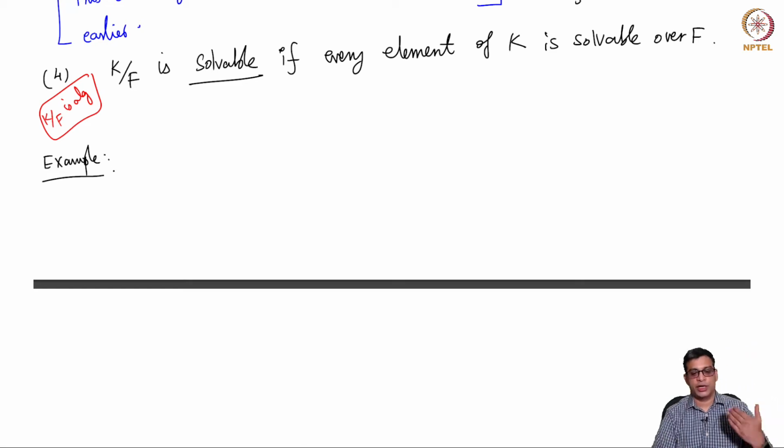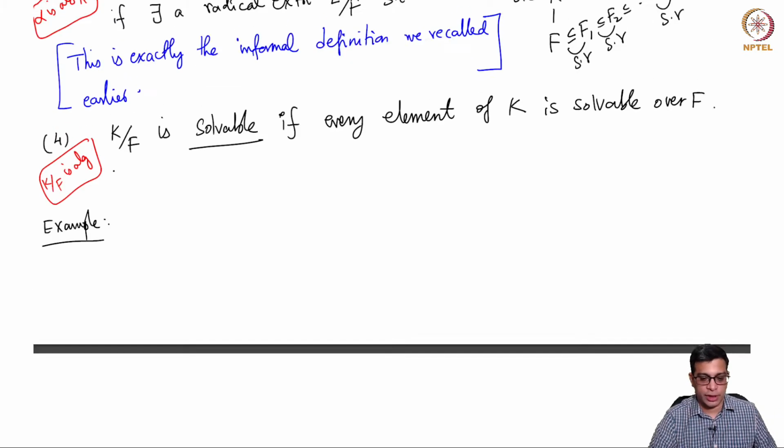The question that we want to ask is which complex numbers are solvable over the rational numbers, more specifically whether the roots of a given polynomial are solvable by radicals over Q. You start with a polynomial with rational coefficients; can the roots be expressed using radicals starting with Q?